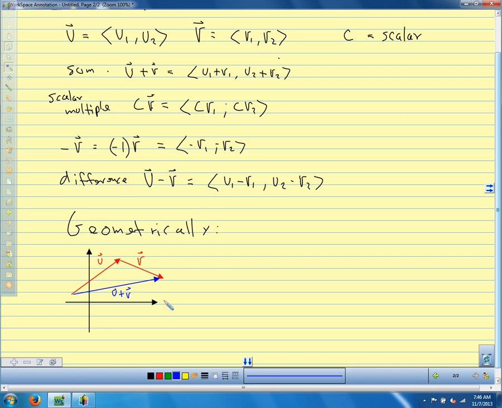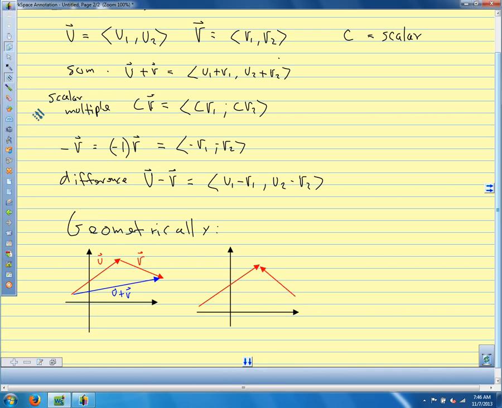And then the difference geometrically, we would just add the opposite of one of the vectors. So if I draw a picture of that, let's see, I'm going to go this way.